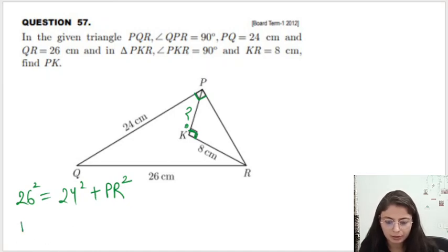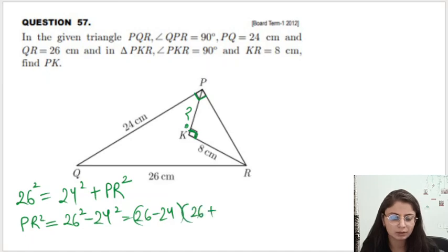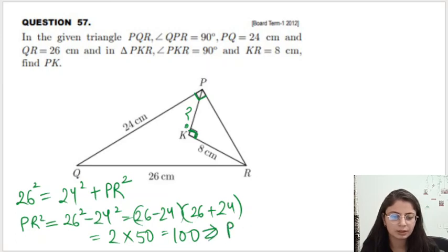So PR square is equal to 26 square minus 24 square. Now let's evaluate. So a square minus b square का identity use कर लेते हैं. So यहाँ पे ये आ जाएगा a minus b and a plus b. ठीक है. So this is 2 into 50, which is 100. सो यहाँ से पी आर अपने पास कितना आ गया? पी आर आ गया 10.